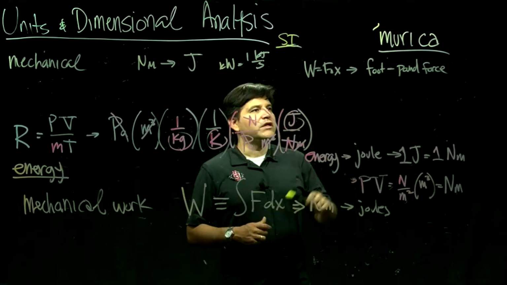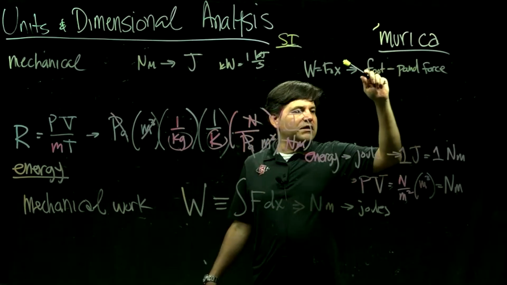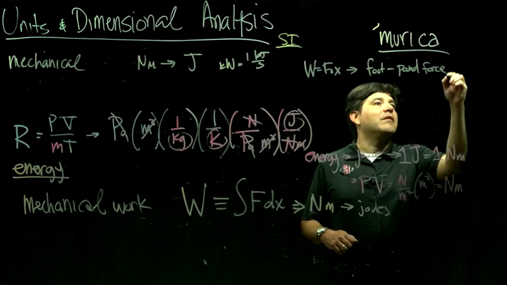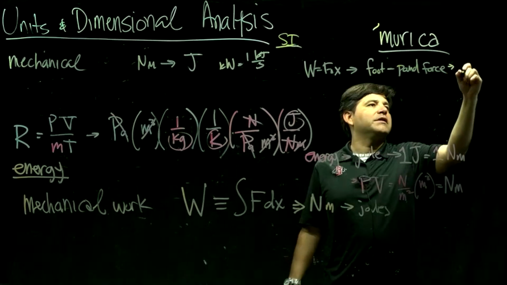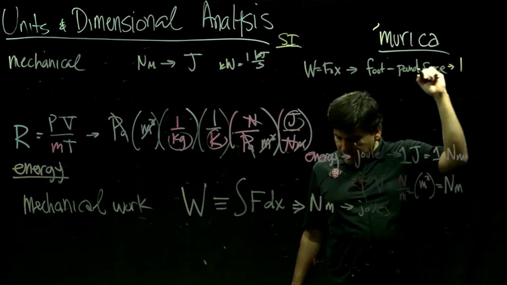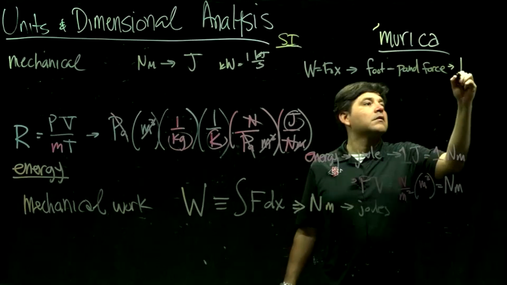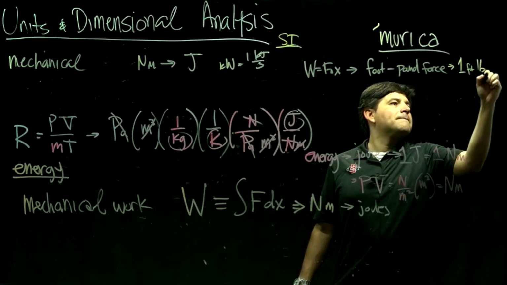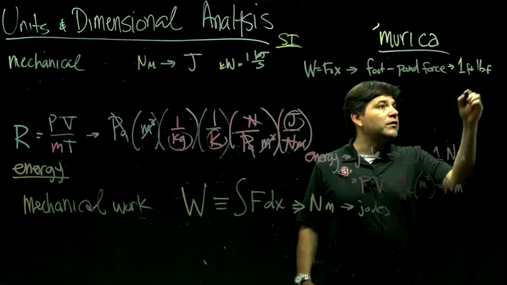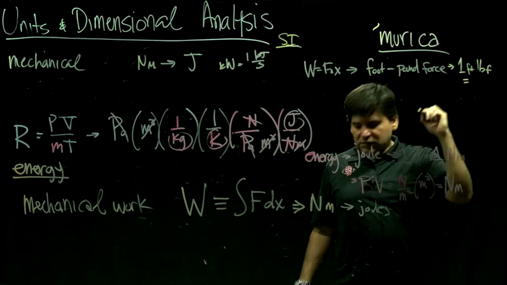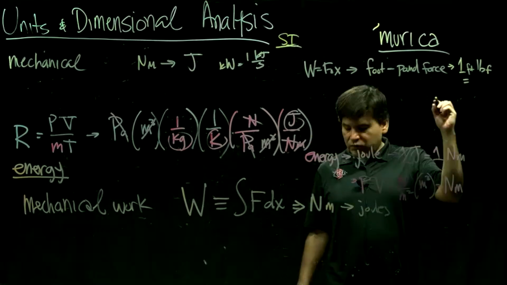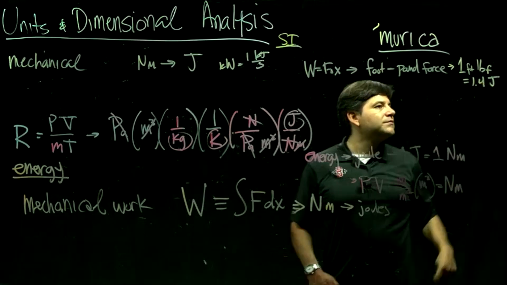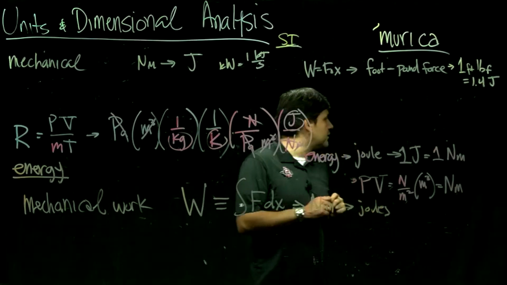So literally 1 unit of energy in America is foot-pound force, which is weird. And it's not too common, but it is pulling from this system. One foot-pound force equals 1.36 joules. Say 1.4 joules. So that's a unit of energy in America.